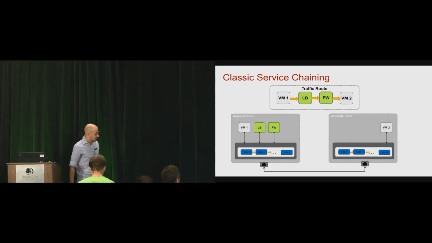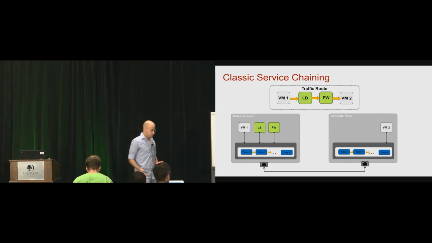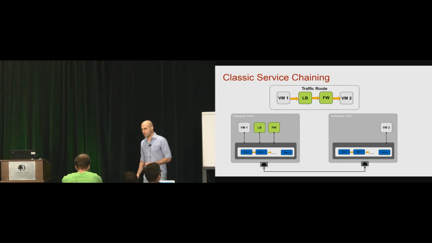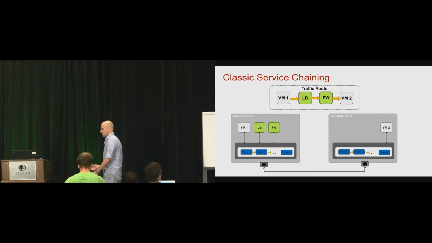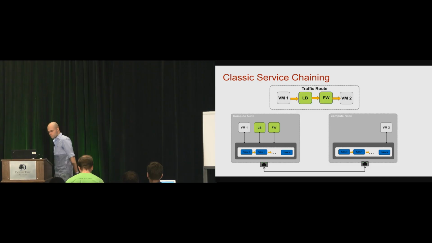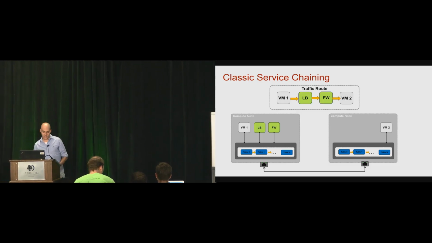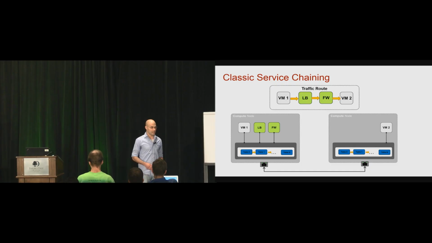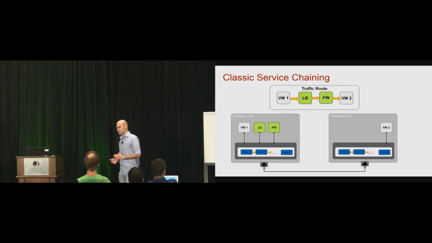Before I start explaining what topology service injection is, I want to do a brief introduction to classic service chaining. This is an area that was well covered yesterday, so I will not dwell too much on it. The point I was trying to make in this slide is that we usually have the virtualized network function. We have our network infrastructure.